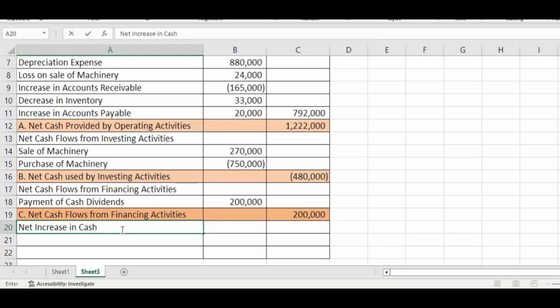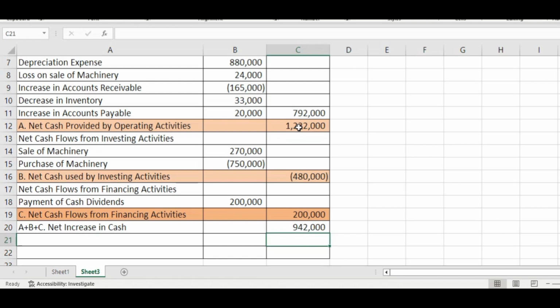We will add all three parts, which will result in the net increase in cash. To get the figure of net increase in cash, we add three figures: net cash provided by operating activities, net cash used by investing activities and net cash flows from financing activities.